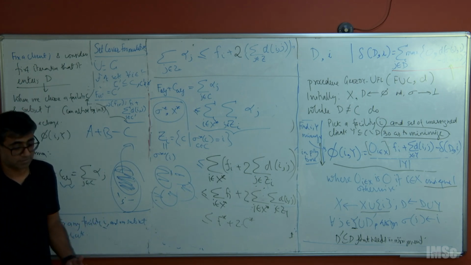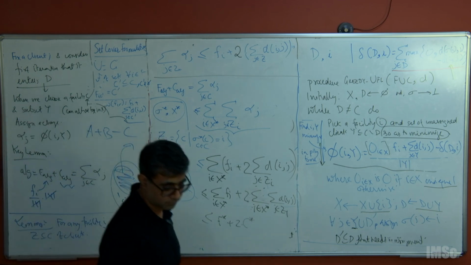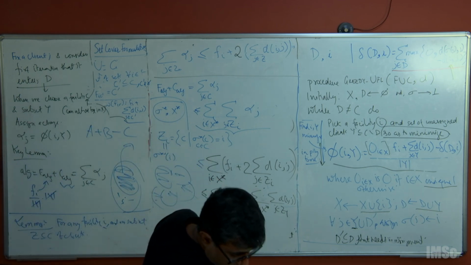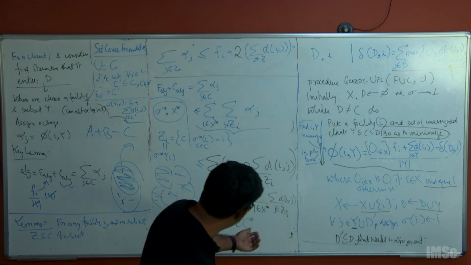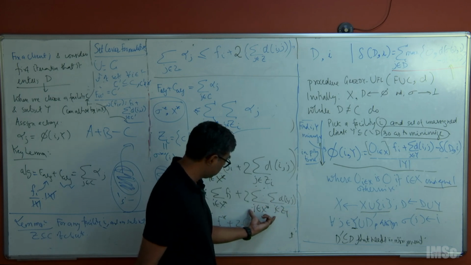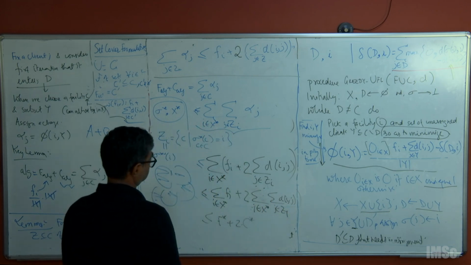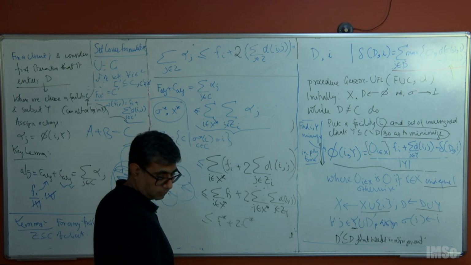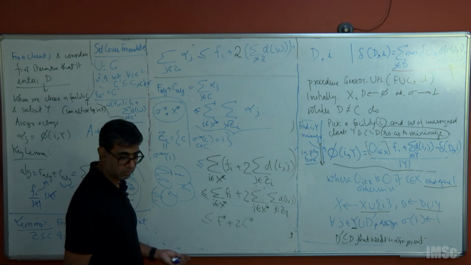That is C star, and D_j star is this and this, which is exactly equal to this. What is your confusion? Can you explain to me? No, there is no confusion.